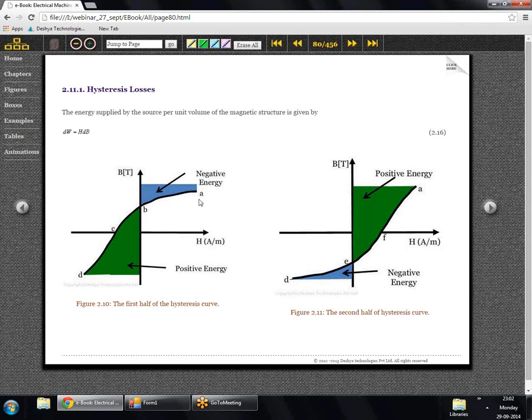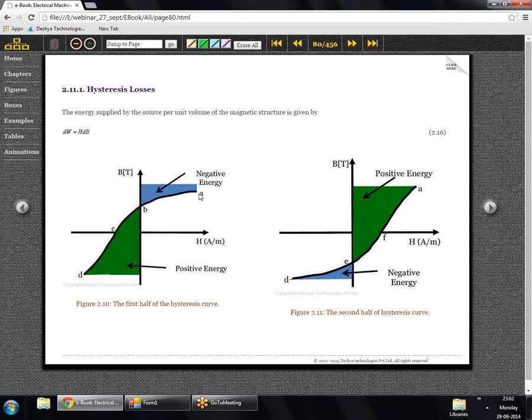and look at figure 2.10. Now in figure 2.10, if we move from point A to point B, then we can see that the magnetic field intensity H is positive, whereas the magnetic flux density is decreasing, so the rate of change is negative.